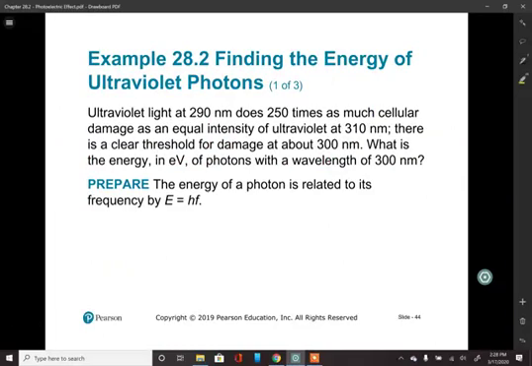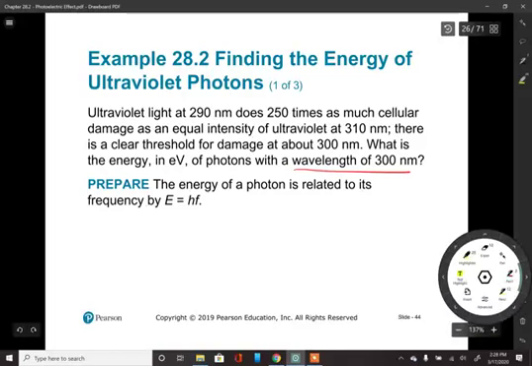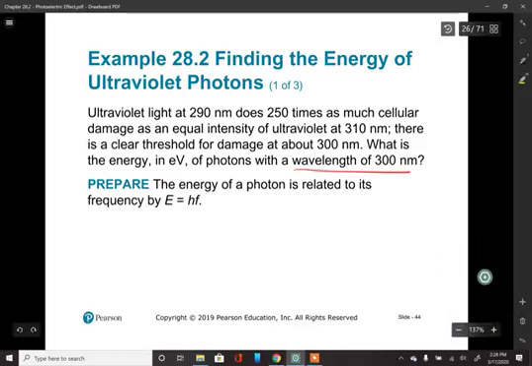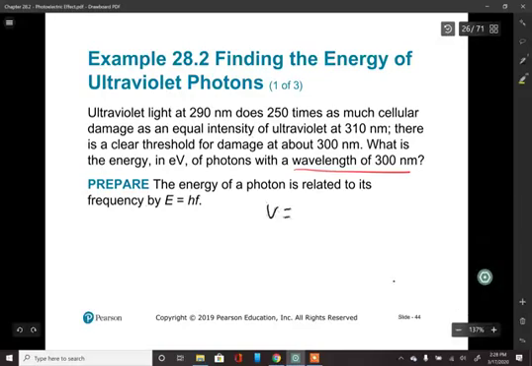This one is another example of that, just a calculation of energy. So if we know a wavelength, we can find a frequency. That's pretty straightforward, using v equals wavelength times frequency.